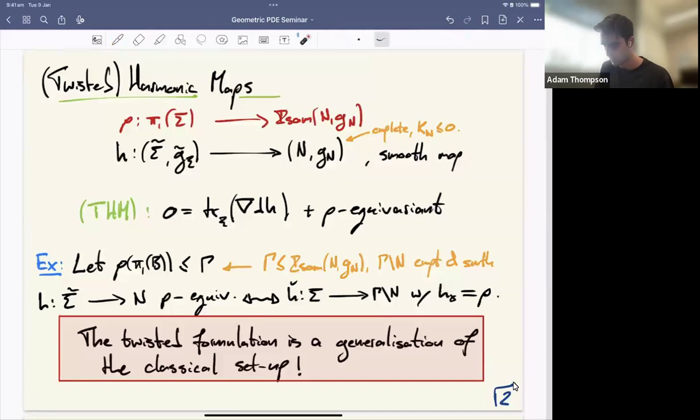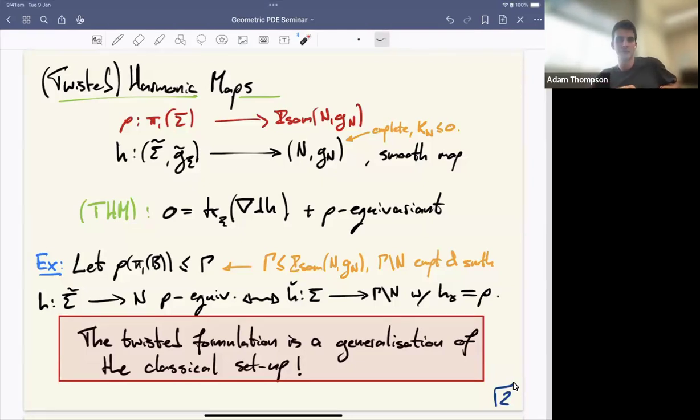Because in that case, any smooth map between the compact manifolds, I could lift to a map between the universal covers that's equivariant for the induced representation on the fundamental group. So this is a genuine generalization of the classic harmonic map equation between compact manifolds.